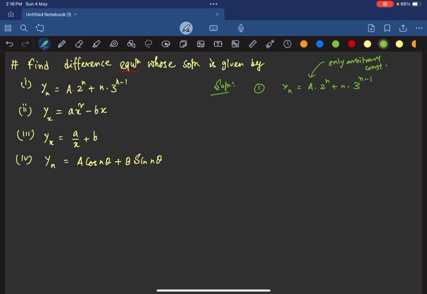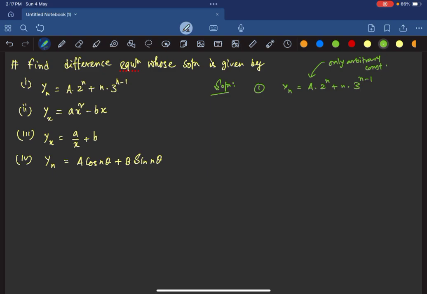In the case of differential equations, suppose we have a second order equation, there should be 2 arbitrary constants in the solution. If the differential equation is of third order, there should be 3 arbitrary constants in the general solution. Likewise here, 1 arbitrary constant means it is guaranteed that the equation will be of order 1. That is confirmed.